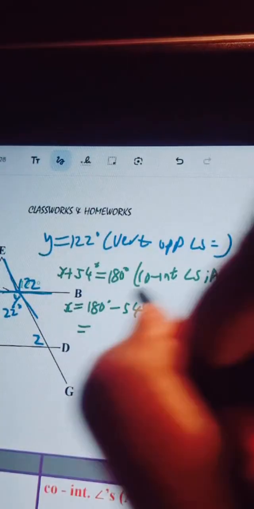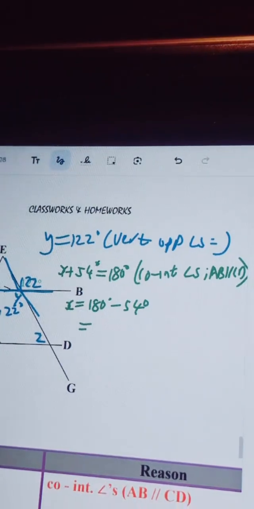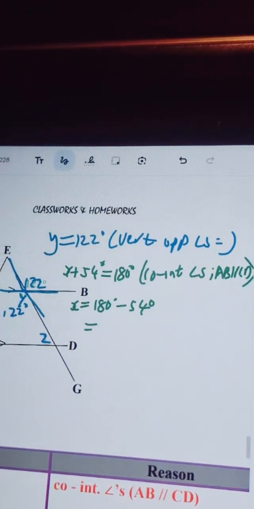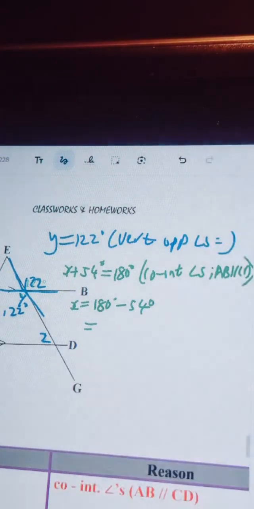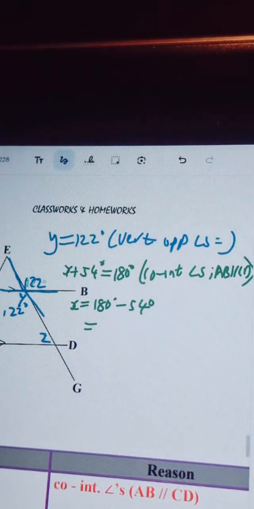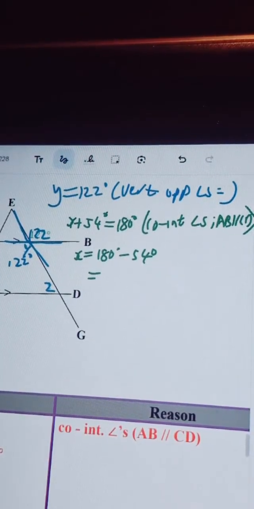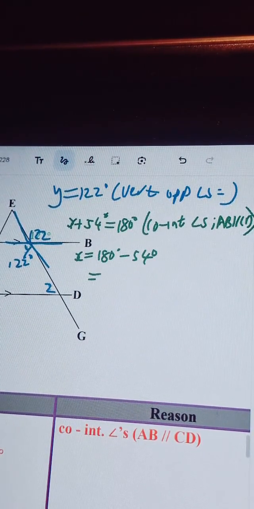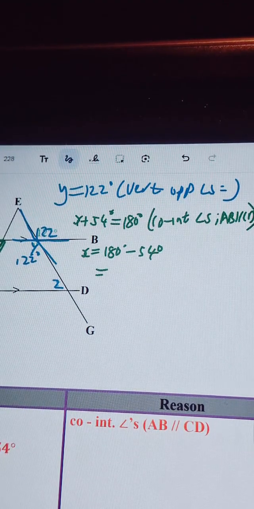So x is equal to 126. Beautiful. X is equal to 126.